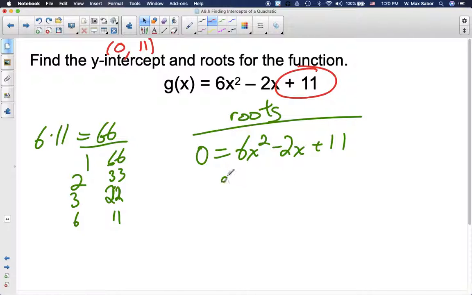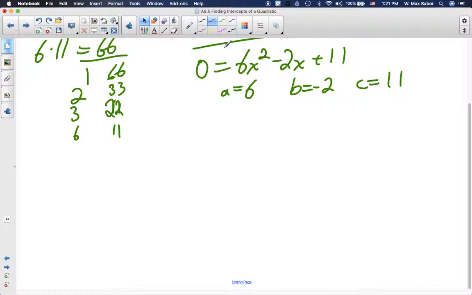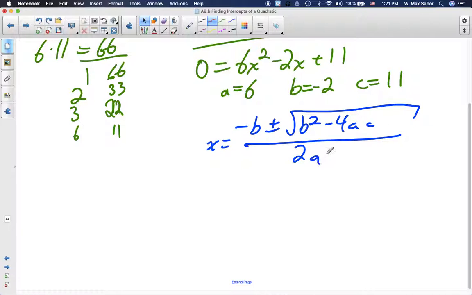What we need to do is pick a as 6, b as negative 2, c as 11, and bust out our quadratic formula, which is x equals negative b plus or minus the square root of b squared minus 4ac all over 2a.